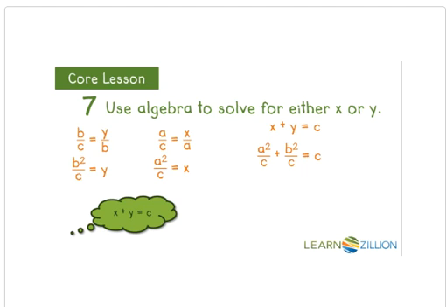Also, we know that when we add two things together and divide by the same quantity, we can combine those algebraically like this. So a squared plus b squared divided by c equals c. So now if we multiply by c on both sides, we get rid of our denominator, and we have a squared plus b squared equals c squared, or the Pythagorean theorem.